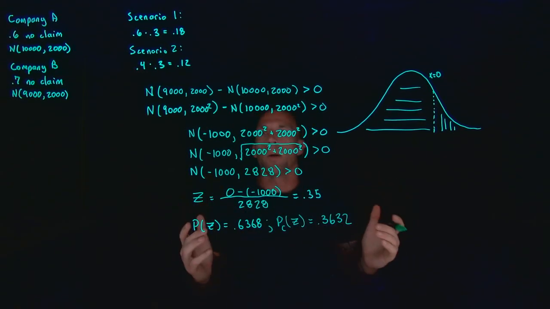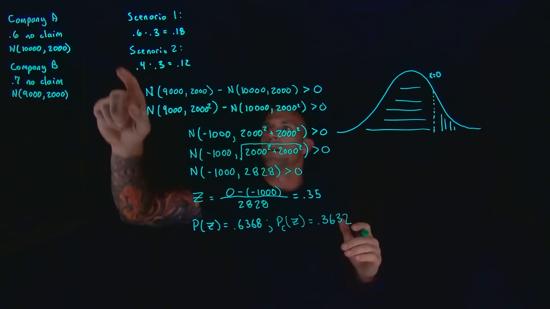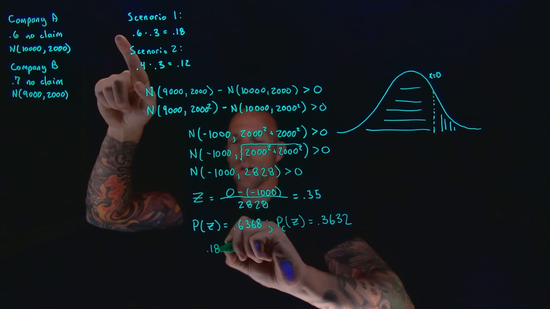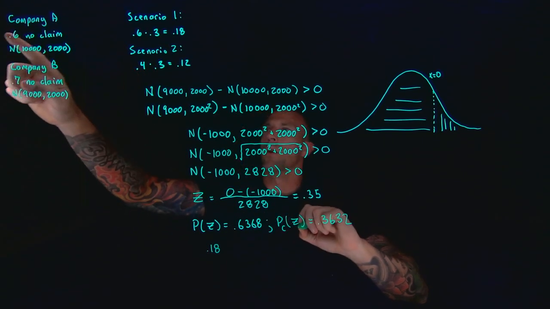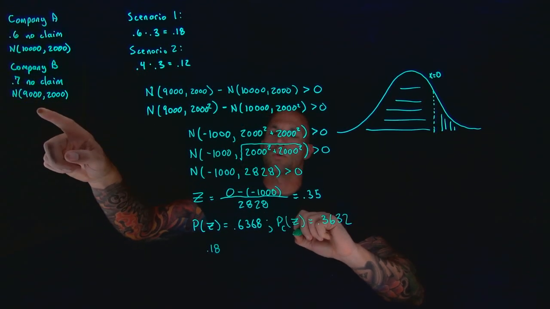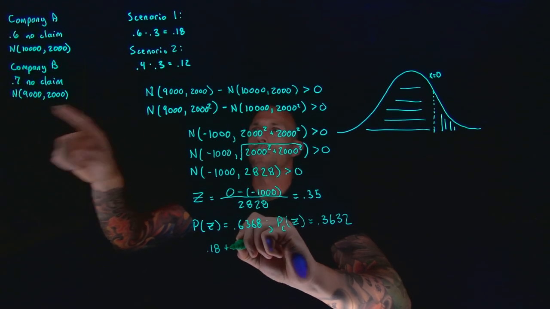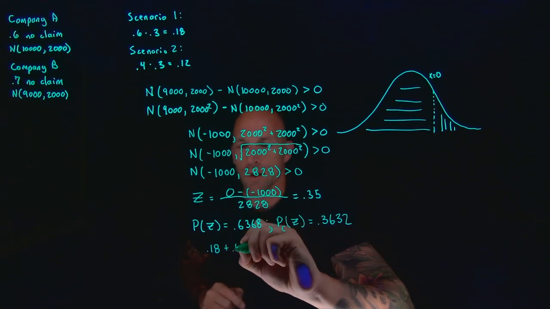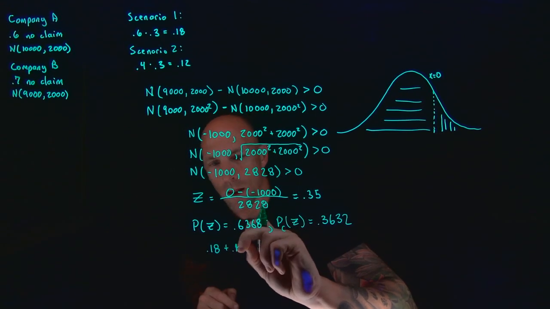So I think at this point we're ready to put it all together. Scenario 1, there is an 18% chance that we have no claims for A, but some claims for B. And then for scenario 2, there is a 12% chance that we will have claims for both.